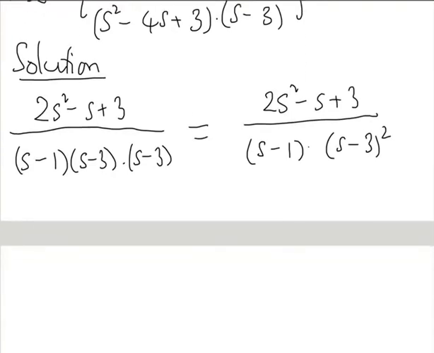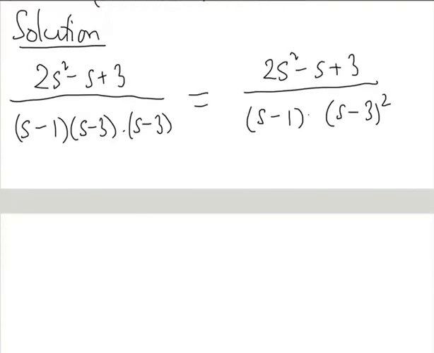And what is the format for the partial fractions here? We look at each factor. The first one, s minus 1, we will have A over s minus 1. Now, for the second one, s minus 3 squared, the partial fractions has two terms.